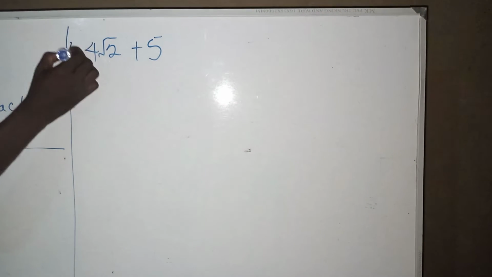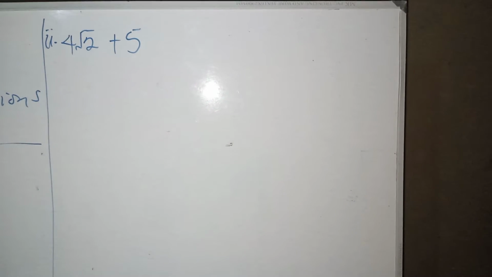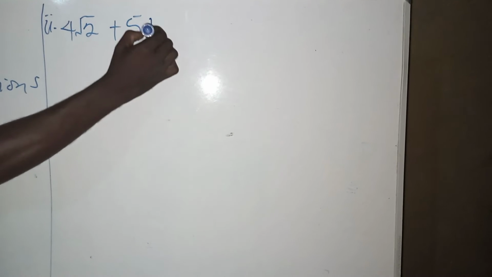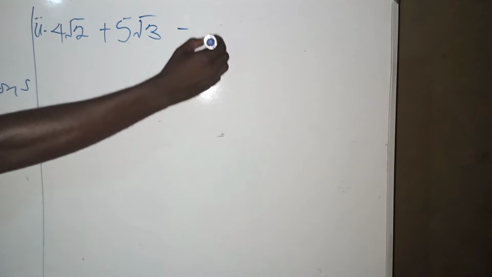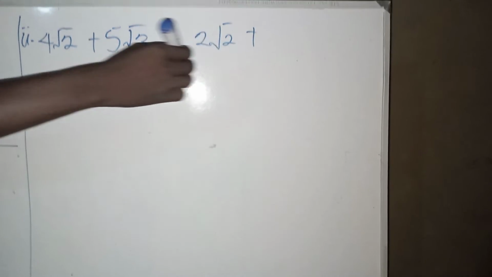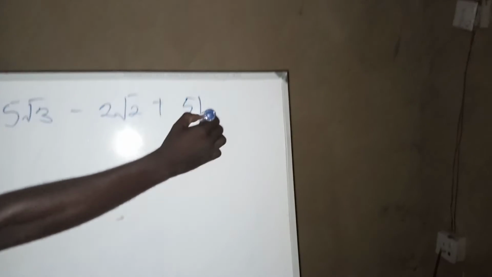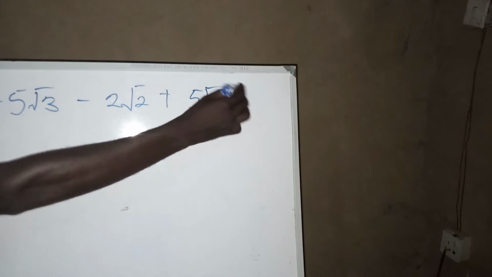Now, our second question we shall be looking at is 4 root 2 plus 5 root 3 minus 2 root 2 plus 5 root 2.